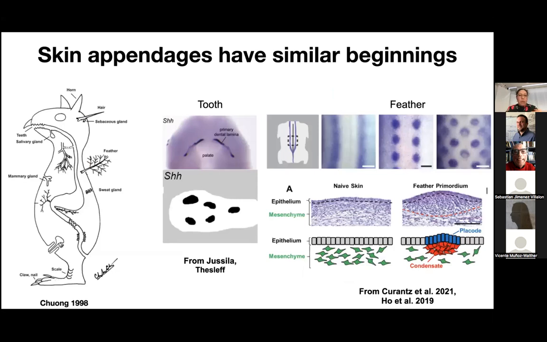But if you go back to their developmental beginnings, there are a lot of similarities in the way these structures form. So you have these interactions between the epithelium and the mesenchyme, and you have signaling centers that are regulating their formation and patterning. I apologize that there's no pointer, but these purple spots are showing some of the signaling centers and how they're spaced in regular patterns in different systems.